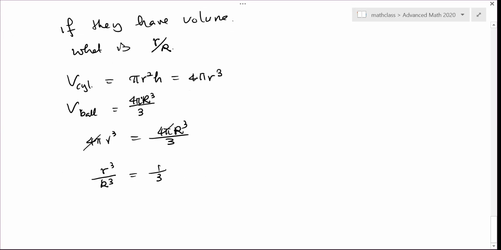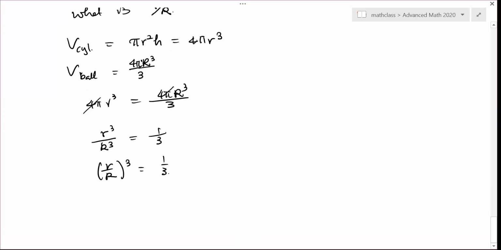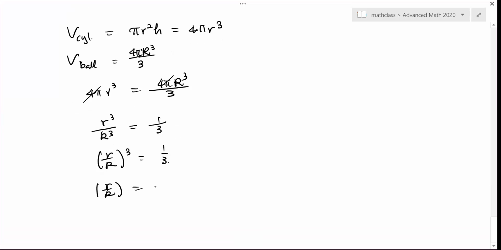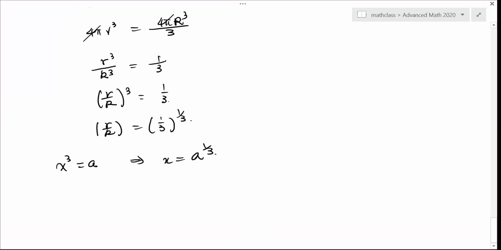Now the question is, how can I express r over R? Little r over capital R cubed is going to be 1/3, right? So here's a notation. Let's recall, if x cubed equals 7, that means x is going to be the third root of 7.